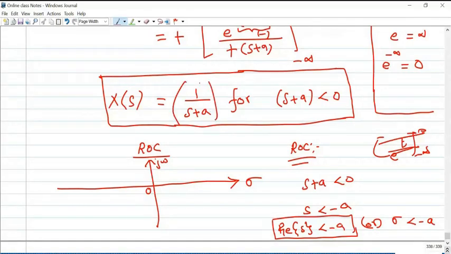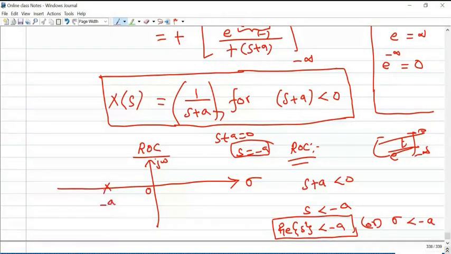So 1 divided by s plus a. There is no s term in the numerator, so no zeros are available. S plus a: if you substitute s plus a equal to 0, s equals minus a. Only one pole. So mark minus a. This is minus a, so on the left side you have to mark it. Region of convergence: real part of s less than minus a.